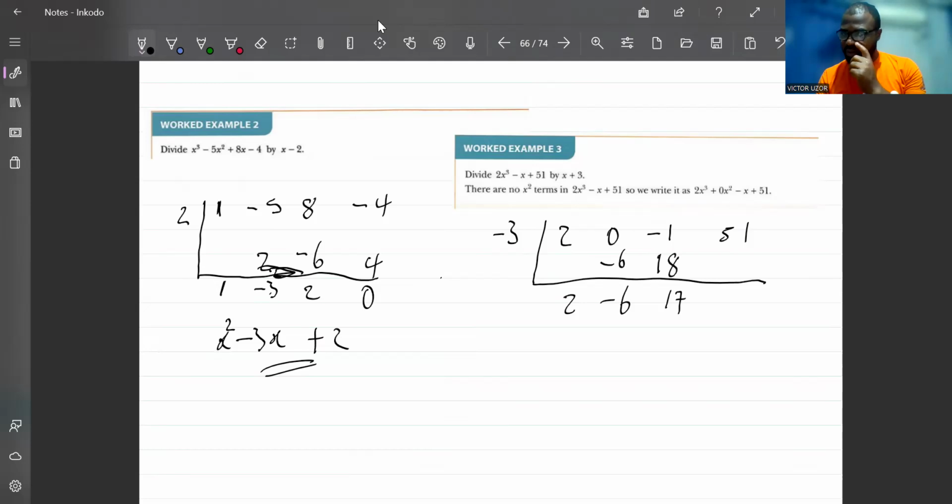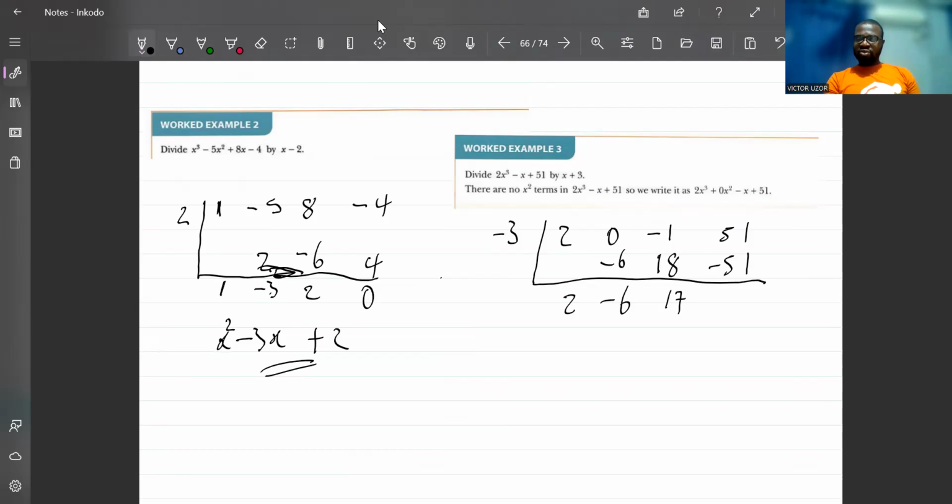Let me redo it a little. Bring this down. Minus 3 times this will give us minus 6. You add it. Oh, we are adding it. Yes, we add it. Okay, you are right. Minus 3 times 17 will give us minus 51.